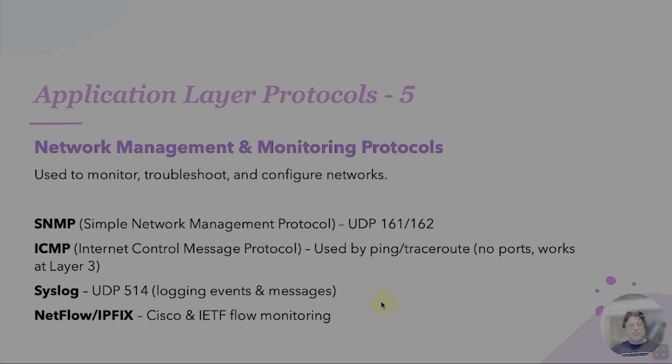Then we come to network management and monitoring protocols used to monitor, troubleshoot, and configure networks. That's SNMP, Simple Network Management Protocol, ports UDP 161 and 162. This is the protocol that switches or servers use to send out alerts, called SNMP traps.